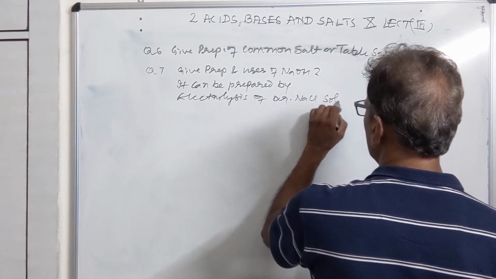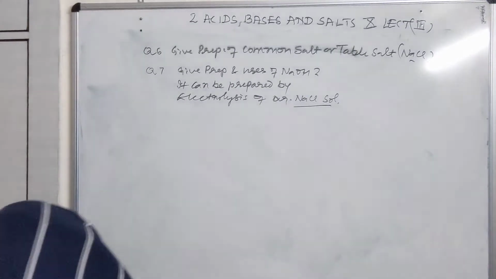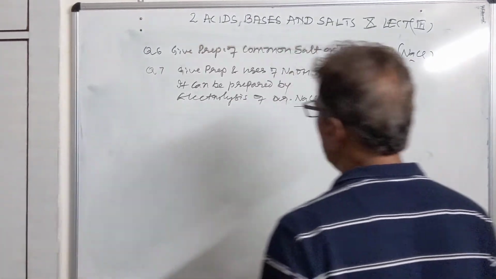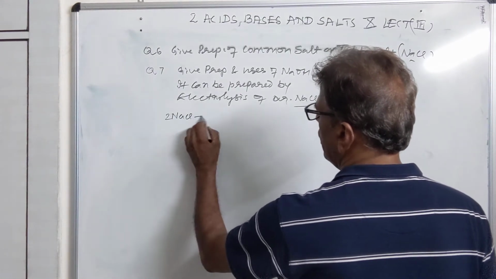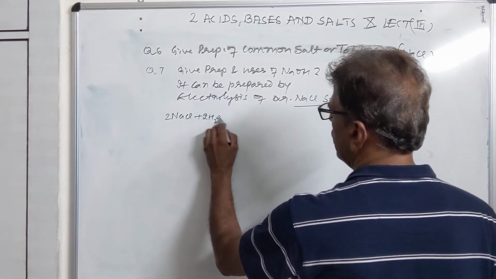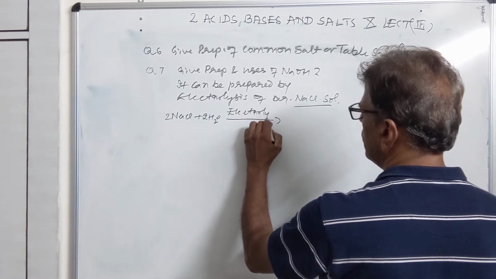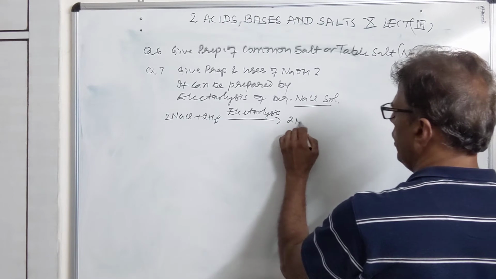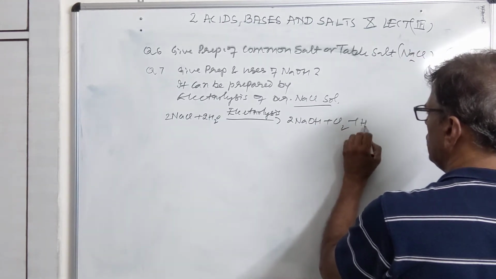NaCl solution. It is done by Castner-Kellner process in 3 compartments, where the reaction is like this: NaCl in the presence of water, it is electrolyzed, gives you 2 NaOH plus Cl2 plus H2.